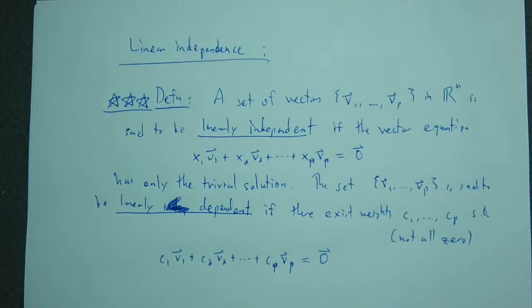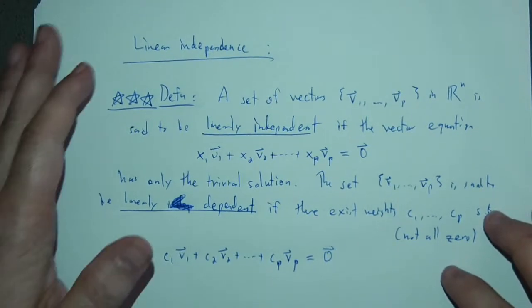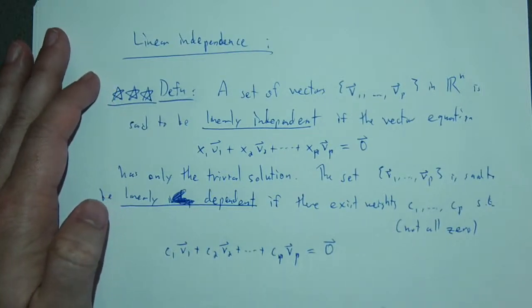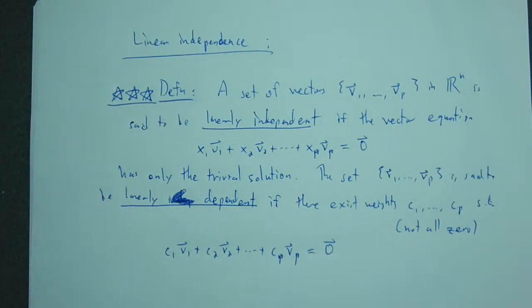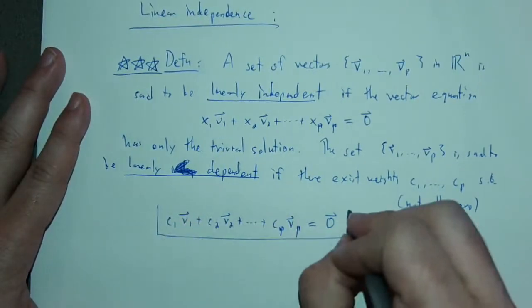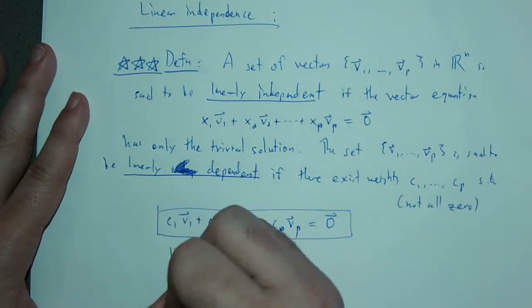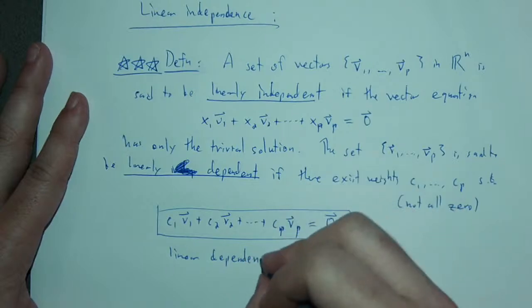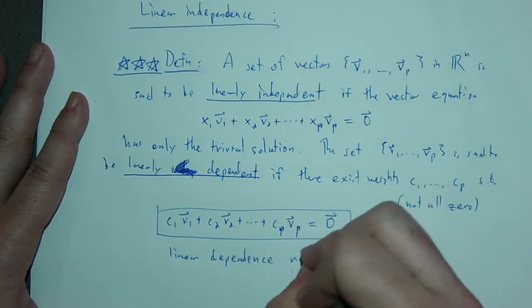So if it has more than just the trivial solution, then necessarily there exist those weights that are not all zero, because it's a non-trivial solution, that make this vector equation hold. So what is this thing called in this case? This is called the linear dependence relation. So if you have a linearly dependent set, this is called the linear dependence relation.